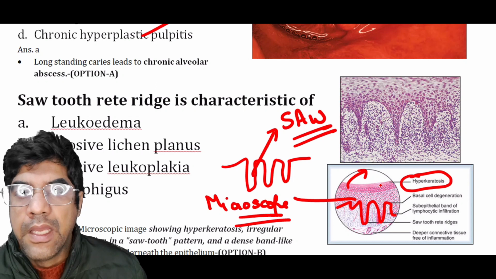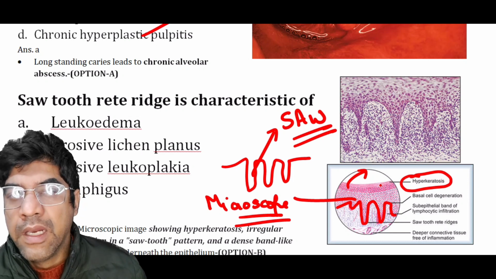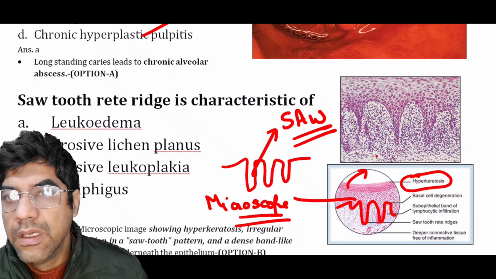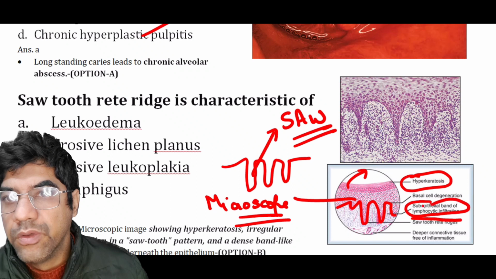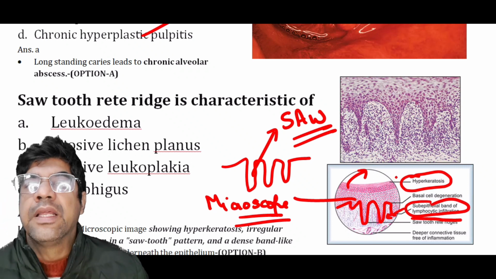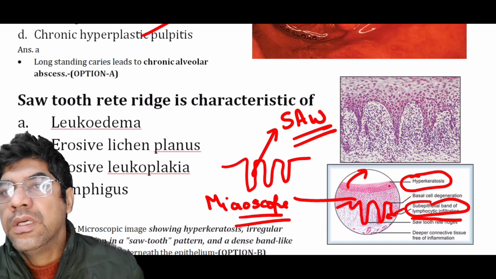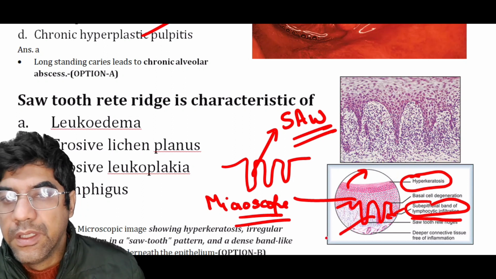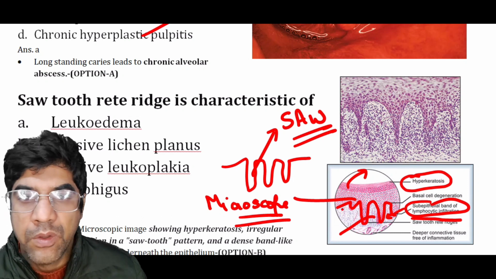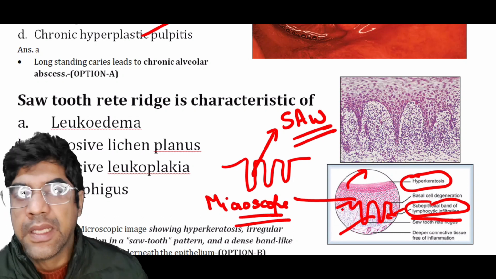In the case of lichen planus, you will see a band-like lymphocytic infiltrate along the basement membrane. The combination of these features helps the pathologist in diagnosing lichen planus.